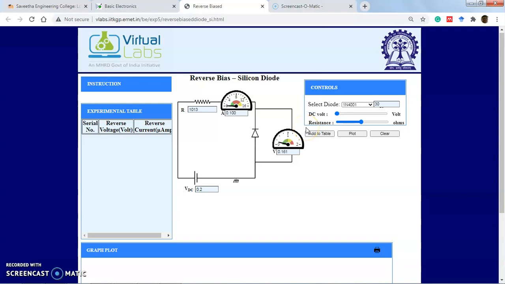Now I vary the voltages from 0.2, and resistance is 1000 ohms or 1K. Now I add to the table. The reverse voltage is 0.161 and the reverse current is 0.1. Now I vary the DC voltage from 0.2 to 0.4.